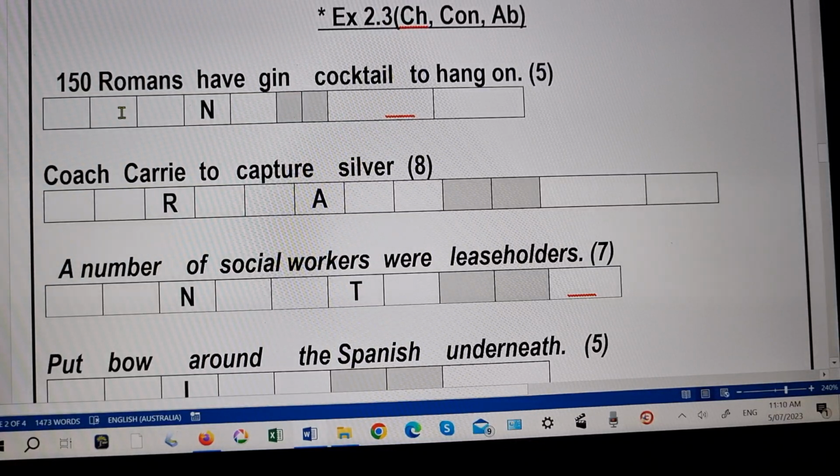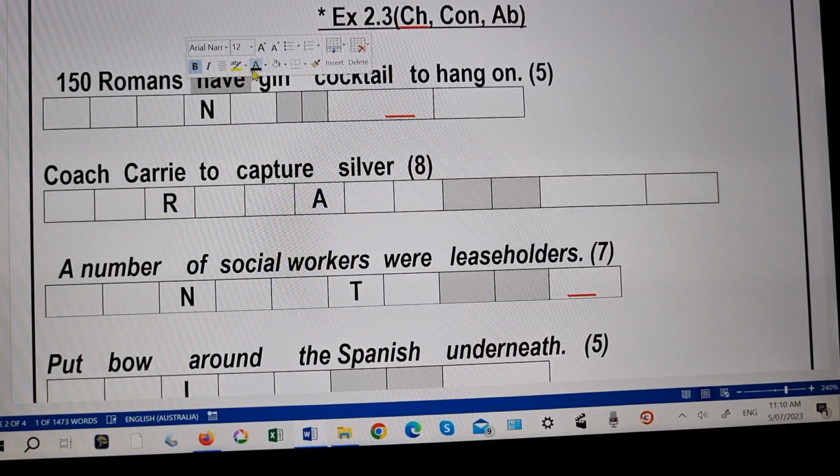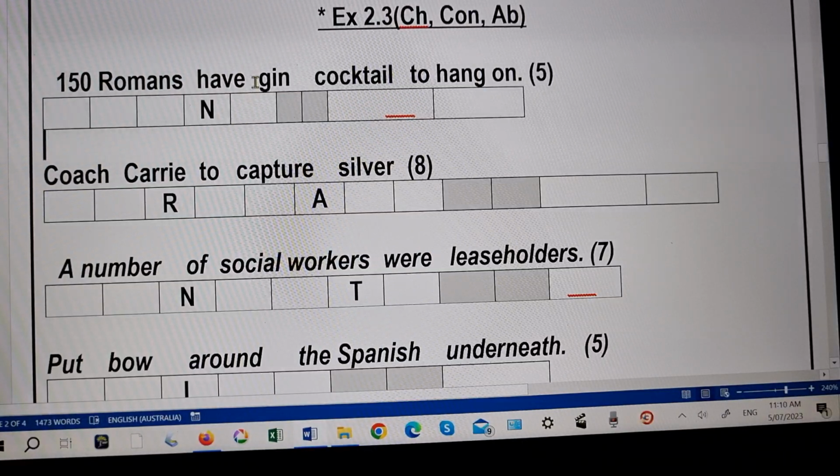Okay, you're all back now with your answer. Well, let's see. "150 Romans have" could be a container flag. Yeah, it could be a container flag, I would think. Not marked.